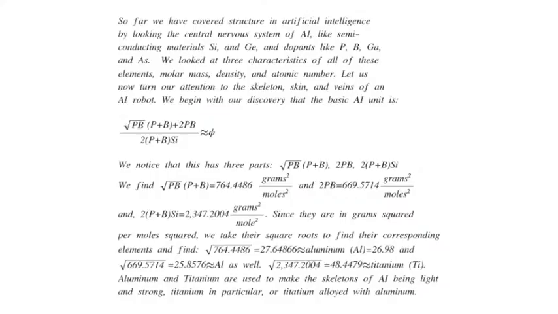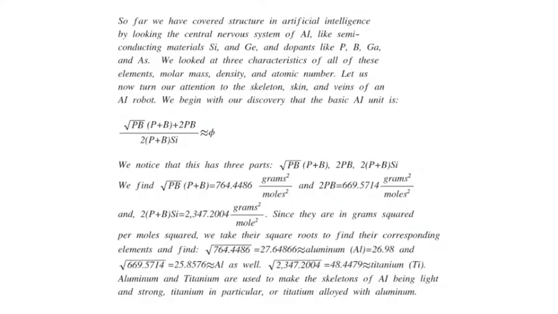We looked at three characteristics of all these elements: molar mass, density, and atomic number. Let us now turn our attention to the skeleton, the skin, and the veins of an AI robot.